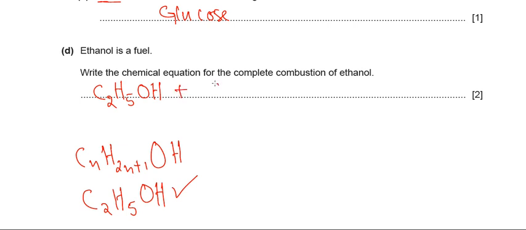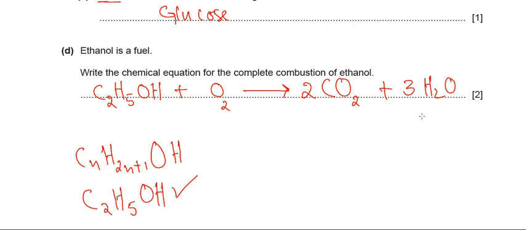For combustion, we require oxygen. When it burns in the presence of oxygen, it always produces carbon dioxide and water. To balance it, we have 2 carbon atoms here, so I'm going to place 2 with the carbon dioxide. Now carbon is balanced. To balance the hydrogen, we have 5 plus 1, 6, so I'm going to place 3 over here.